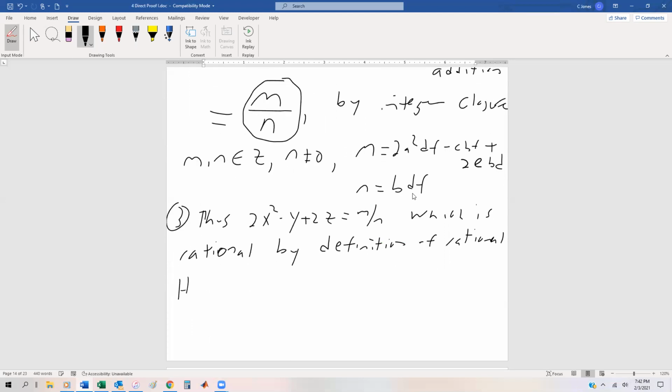So hence, for all x, y, z in the rationals, that means that 2x squared minus y plus 2z is also rational.